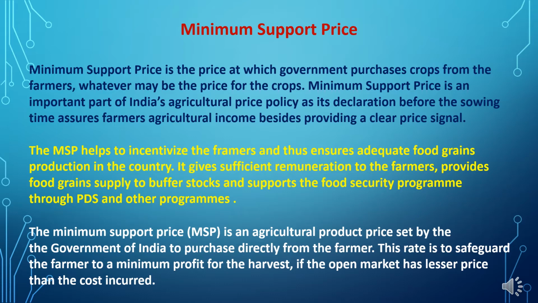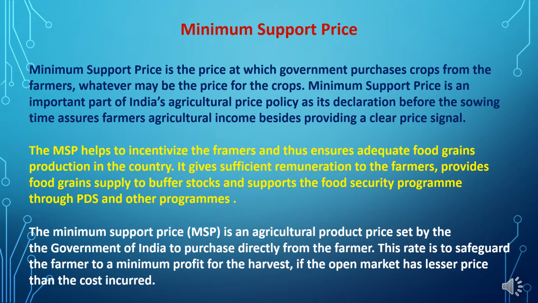The minimum support price helps to incentivize the farmers and thus ensures adequate food grains production in the country. It gives sufficient remuneration to the farmers, provides food grain supply to buffer stocks, and supports the food security program through public distribution system and other programs.